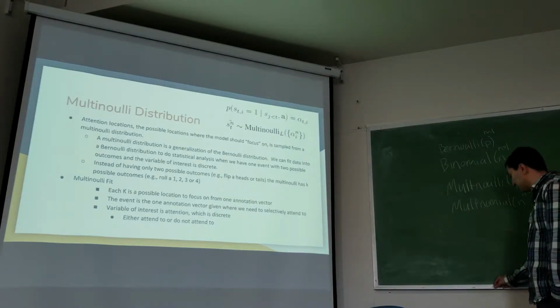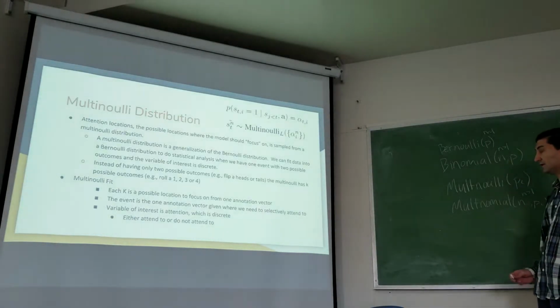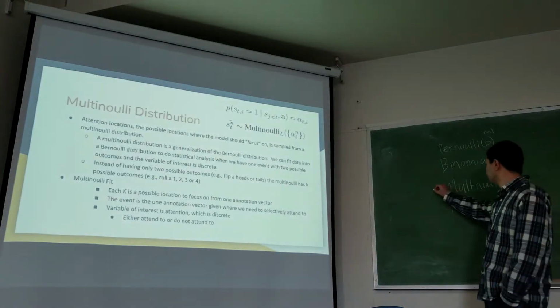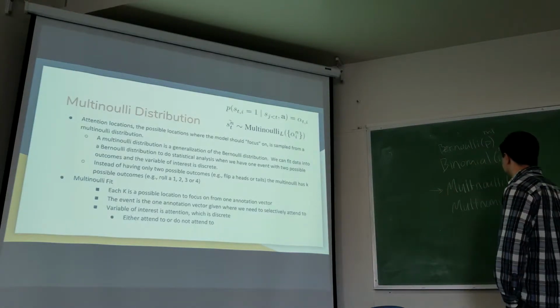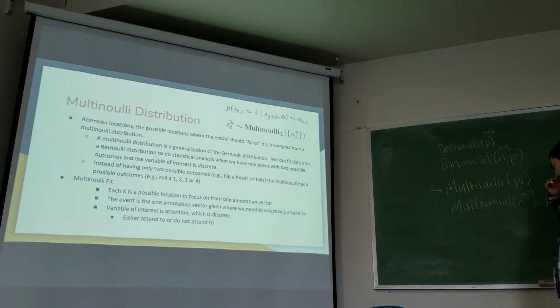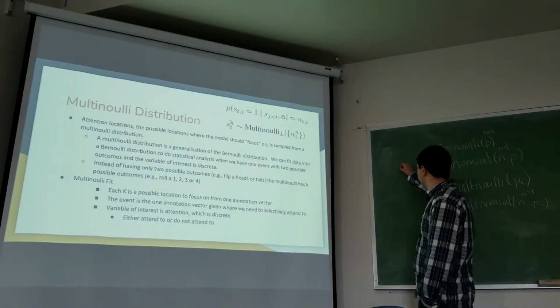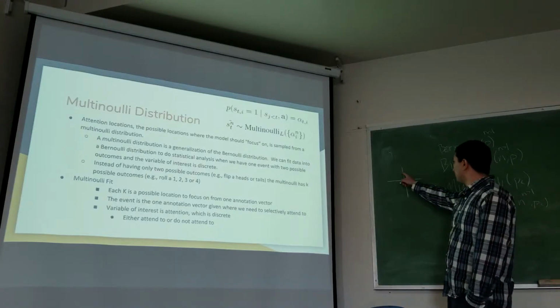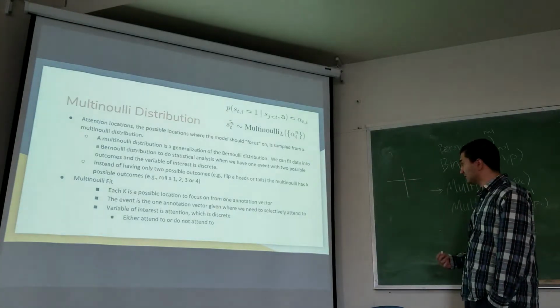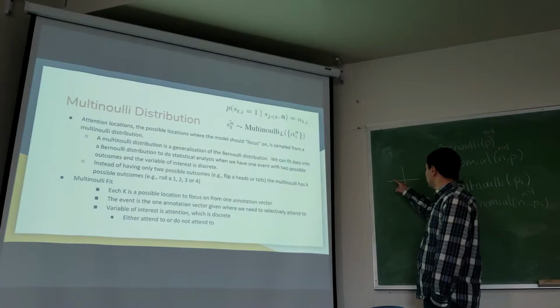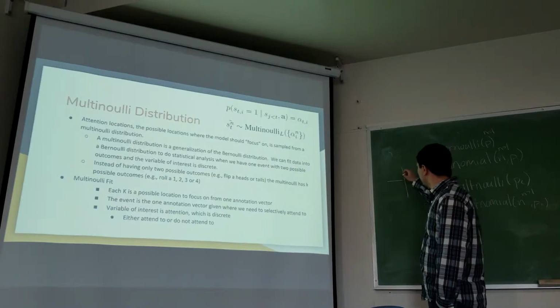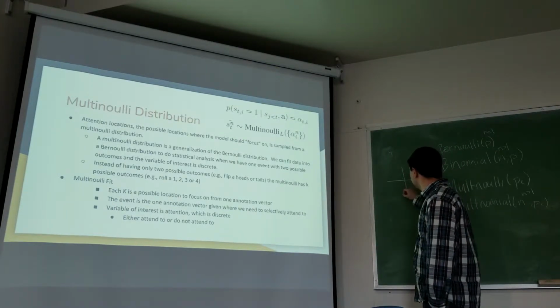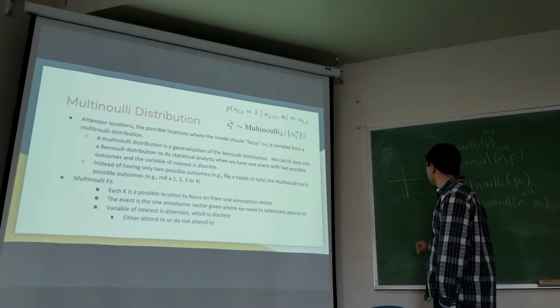In the case of this model, we're going to use the multinoulli. And this is how the multinoulli, in an abstract general way, will help us sample different locations of an image. If you have an image divided into, say, these 4 parts, just for understanding, here's image location 1, here's 2, here's 3, and here's 4.